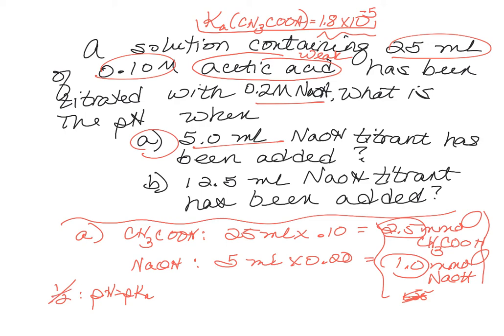The other point that you need to be aware of is if you are at the equivalence point. That's an extra challenging problem, and you just need to be aware of that ahead of time. For example, if the amount of sodium hydroxide was also equal to 2.5 millimoles, then we would know we've reached the equivalence point.